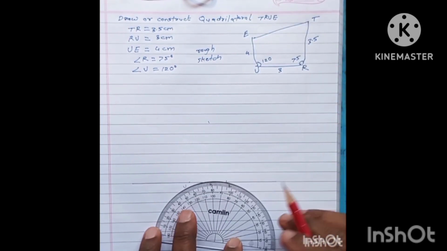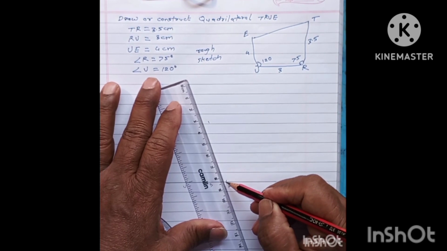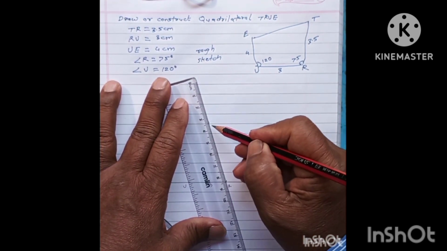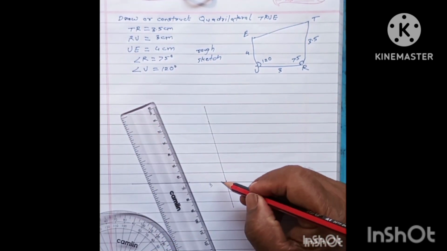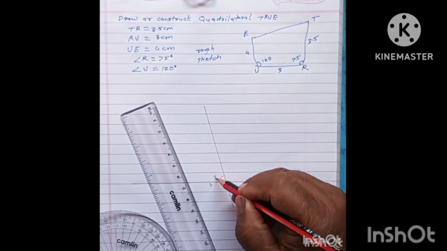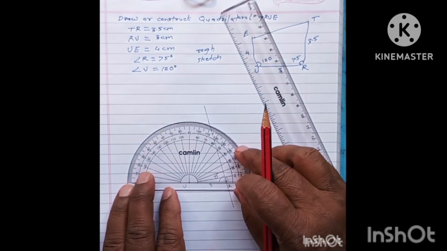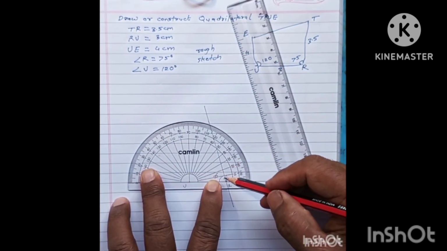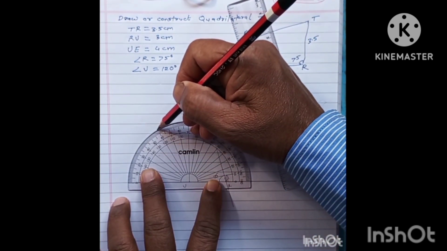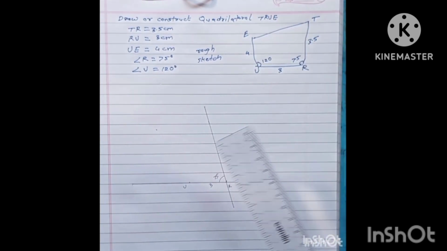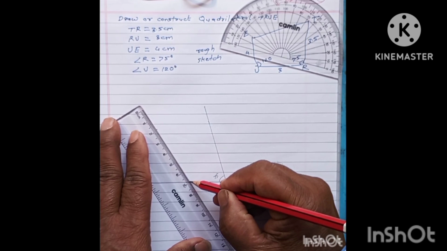I am taking it, keeping it on R, and joining this, a line which is inclined to UR by 75 degrees. And another line which is inclined at 120 to UR, so that RUE is 120.